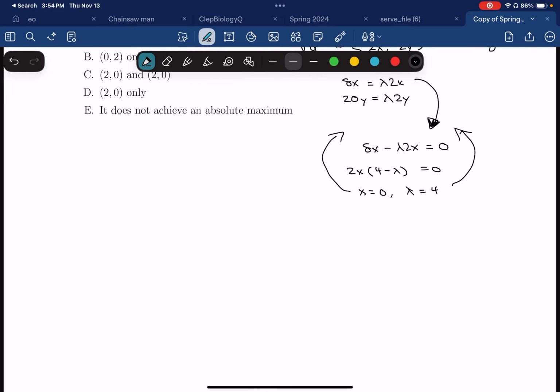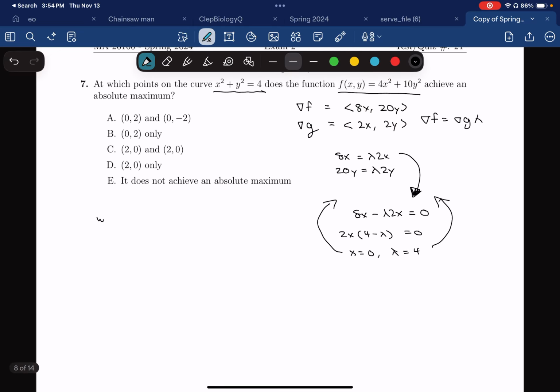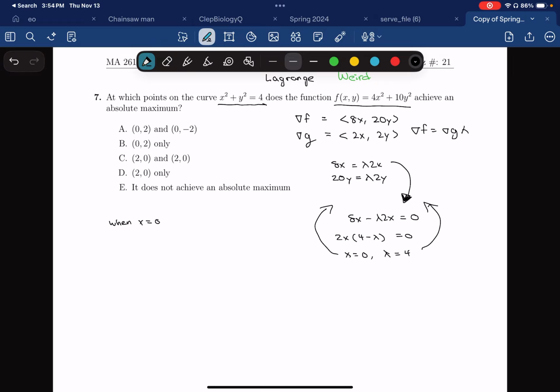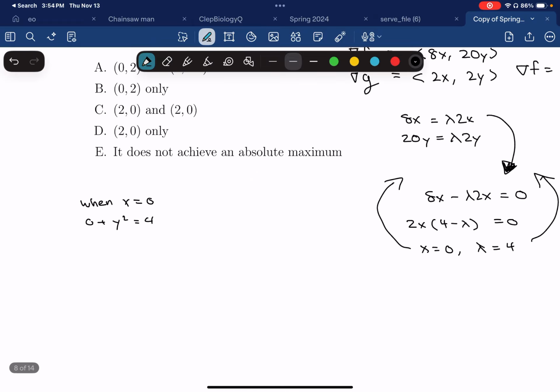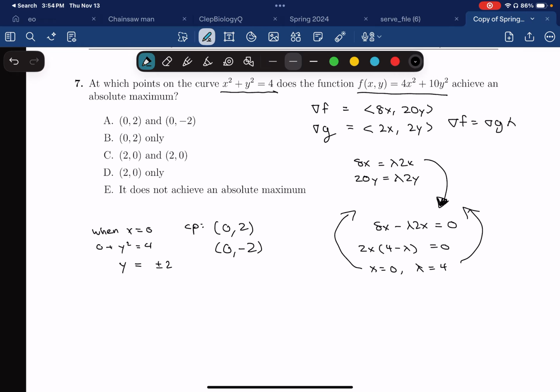So when x is equal to 0, then we know that 0 plus y squared is equal to 4. So y is equal to plus or minus 2, which means for this one, our critical points are at (0, 2) and (0, negative 2).